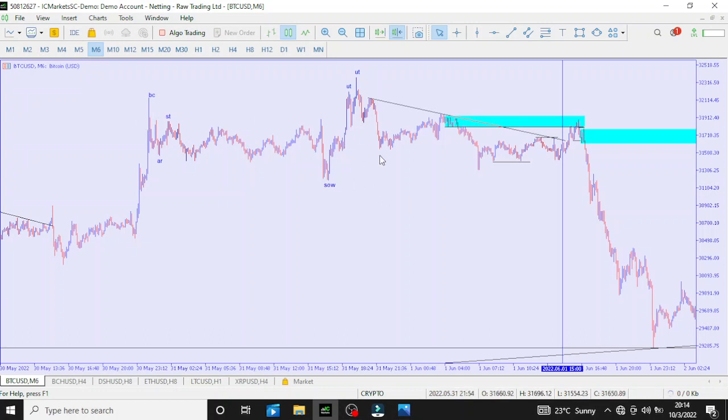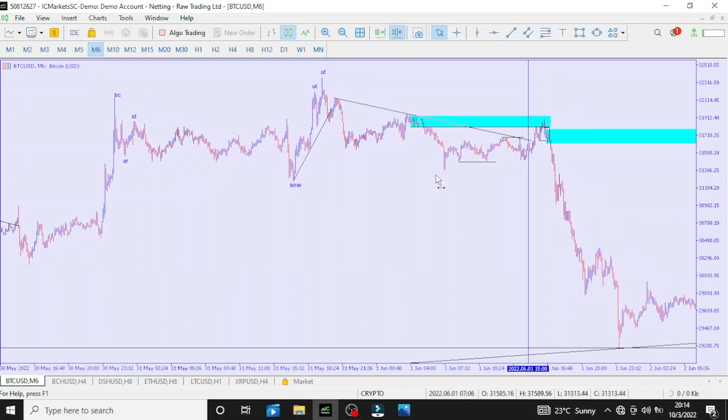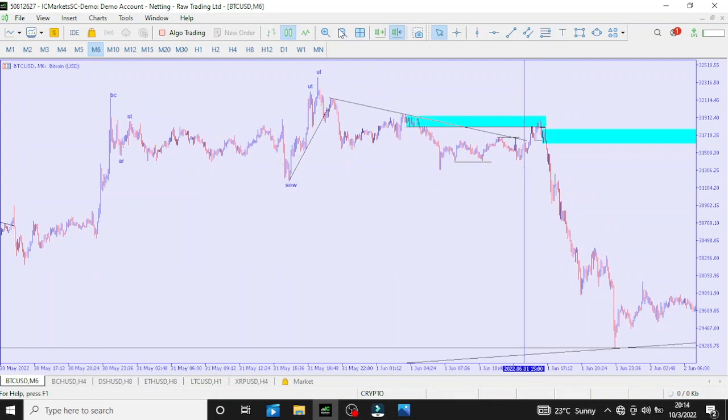So yes, guys, this is my distribution, and this is my creek right here. And you see it's a nice distribution, and you see this bearish order flow.